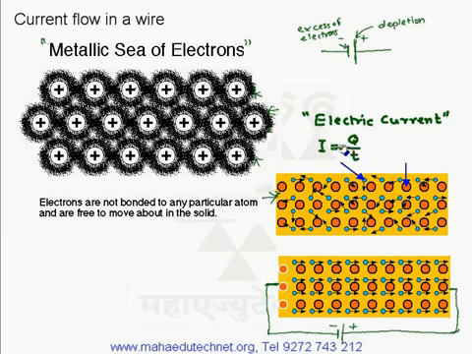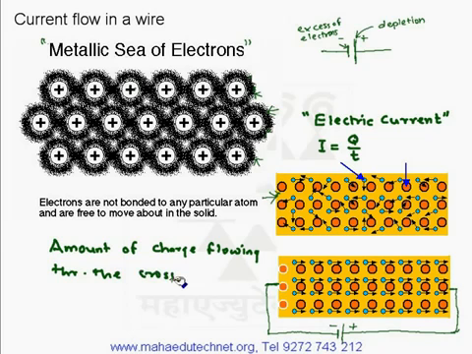Or in other words, electric current can be defined as the amount of charge flowing through the given cross section of the conductor in unit time.